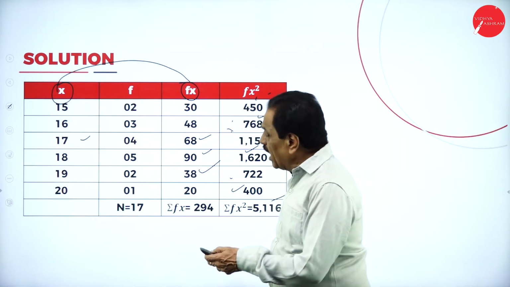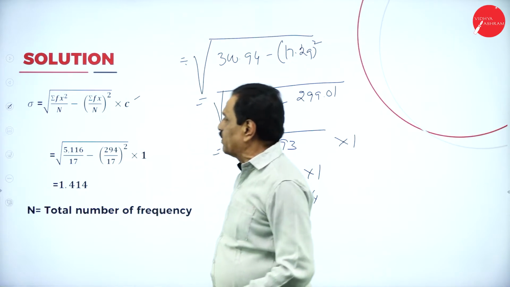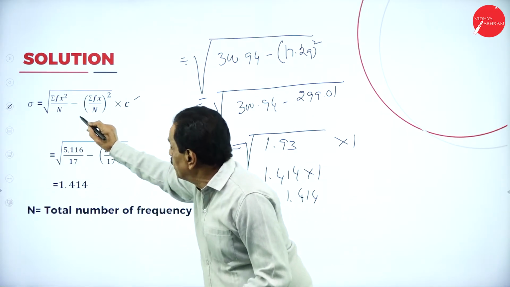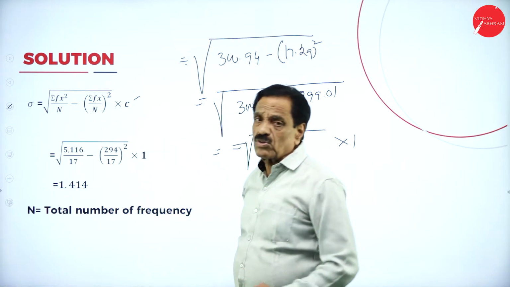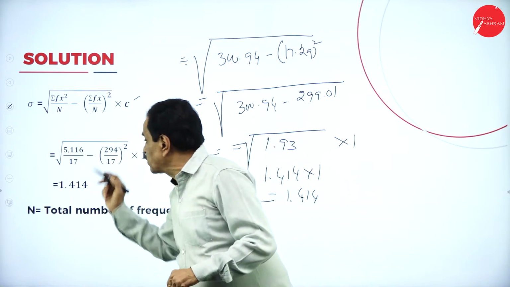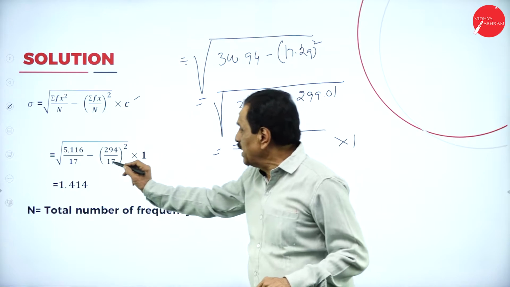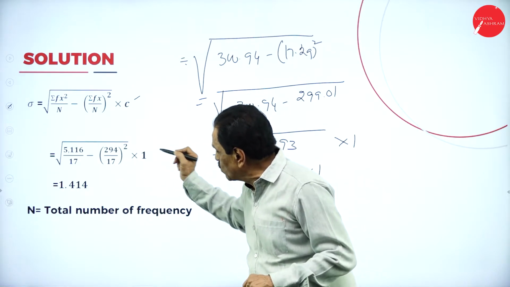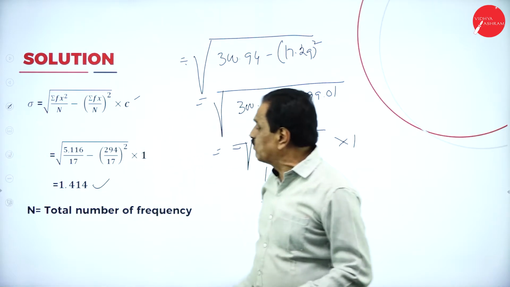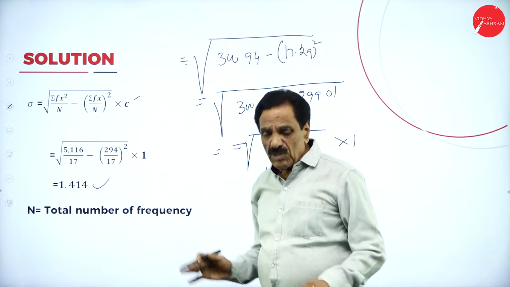Then apply the formula: sigma fx square divided by n minus sigma fx divided by n whole square. C is class interval. Difference is 1. What is sigma fx square? 5116 divided by 17 minus 294 divided by 17 whole square into c. If you simplify, remove the root, your answer is 1.414. I think so. Slowly you have to do it.